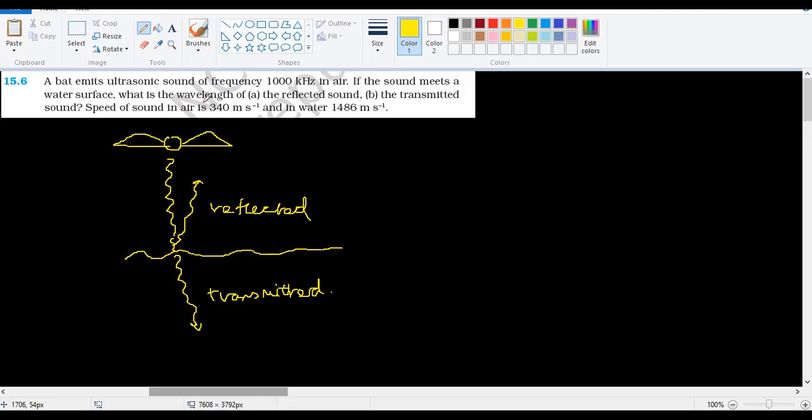What is the wavelength of the reflected sound? The wavelength is not going to change in the case of reflection, so it's going to be the same. Only when it is passing through another medium will it change. v is equal to nu lambda. So I'm talking about in the air, and this will be in the water.